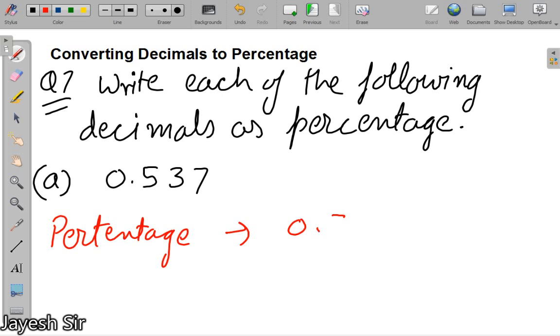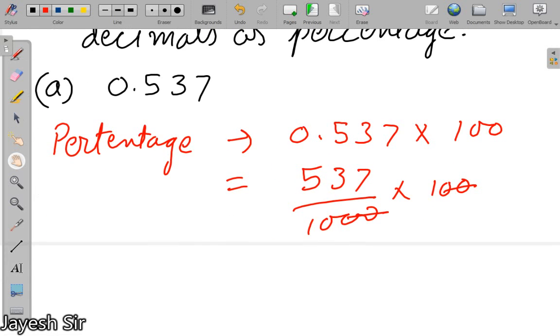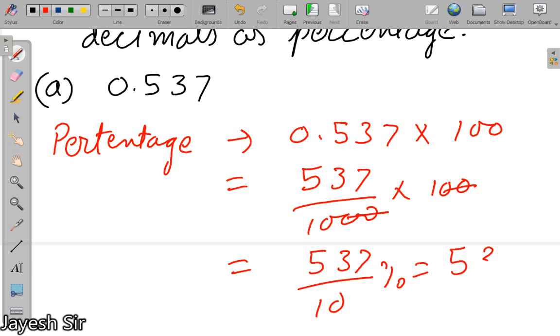How will we do that? We will multiply the number by 100. So this is 537 upon 1000. Why 1000? Because there were 3 digits after the decimal. 2 zeros are cut. So this is 537 upon 10, or you can say 53.7%. Easy.